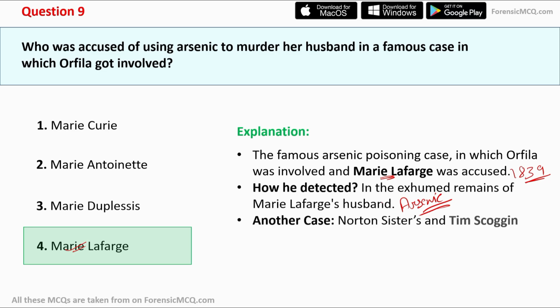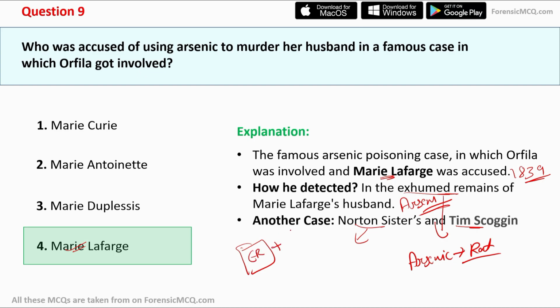Now there is another similar case related to arsenic poison, which is the Northern Sisters and Thames Scourging case, in which exhumed remains were used. In this case, Thames Scourging gave arsenic in the form of rat poison. The forensic experts used the exhumed remains of the Northern Sisters to test for arsenic.